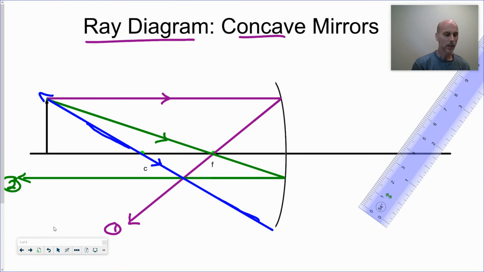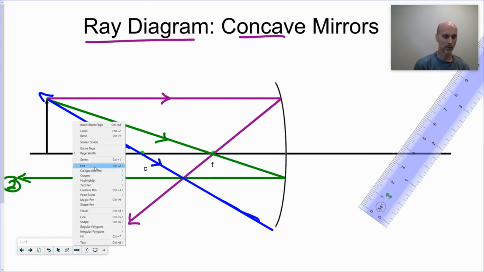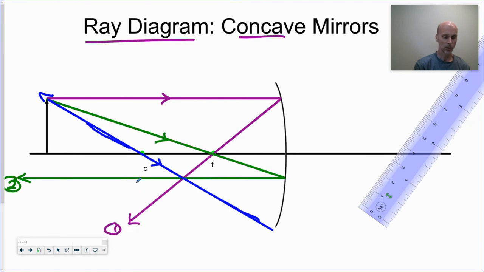Now, here's the thing. What we're looking for is, where do these beams of light hit? But more importantly, the question we ask is, where do the reflected beams of light hit? So you'll notice that this is a reflected beam right here, the purple reflected beam we're looking at. The green reflected beam is right here, and the blue one is on top of it.